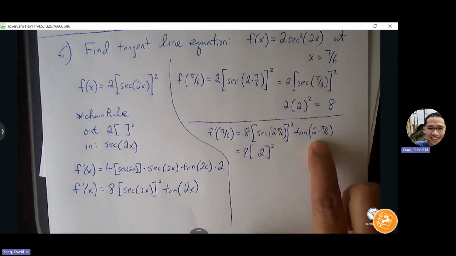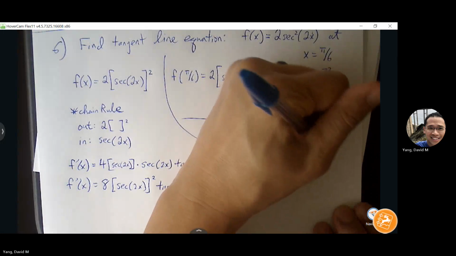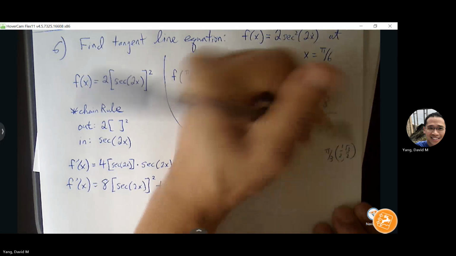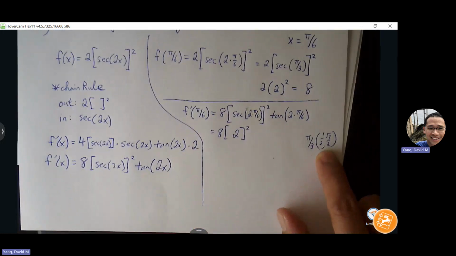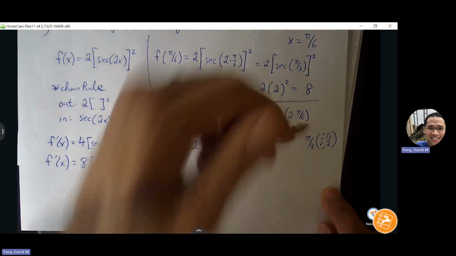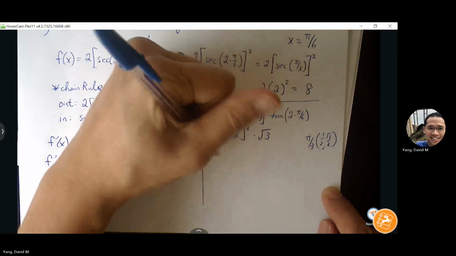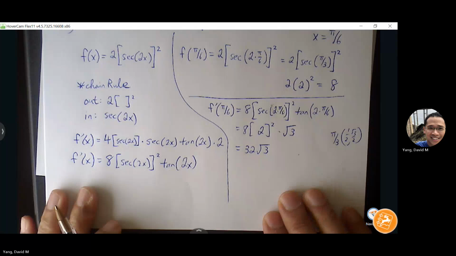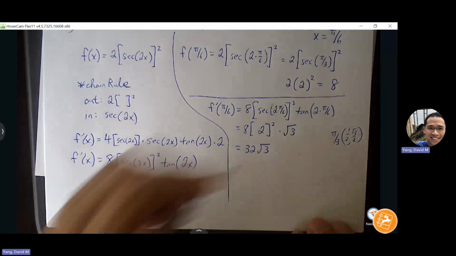Tangent of pi over 3. Think about the ordered pair. Pi over 3 is 1/2, root 3 over 2. So tangent is y over x. That's root 3 over 1, which is just going to be root 3. Ordered pair and our slope, point slope form.